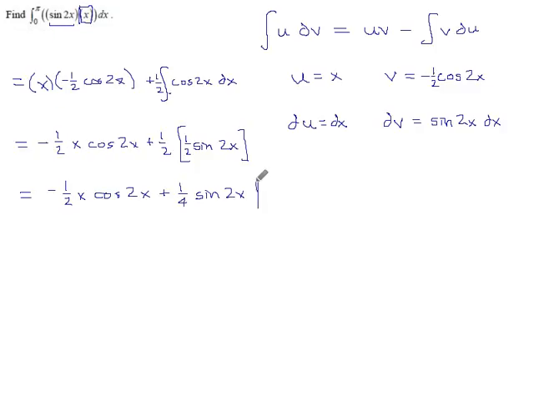If this is a definite integral, then we have to evaluate it by plugging 0 and pi into it. So let's try that and see what happens. When we put pi into this, we get minus 1/2 pi. Cosine 2 pi is just 1.